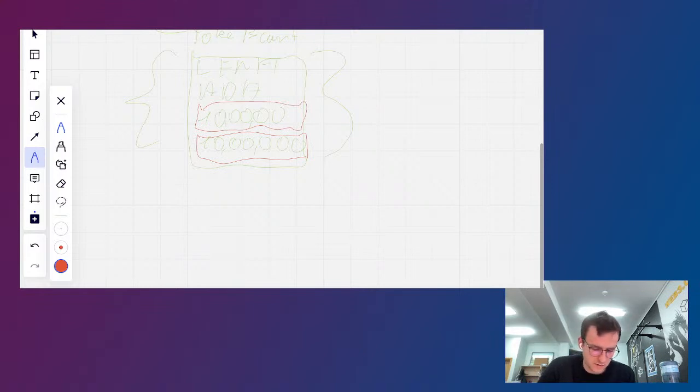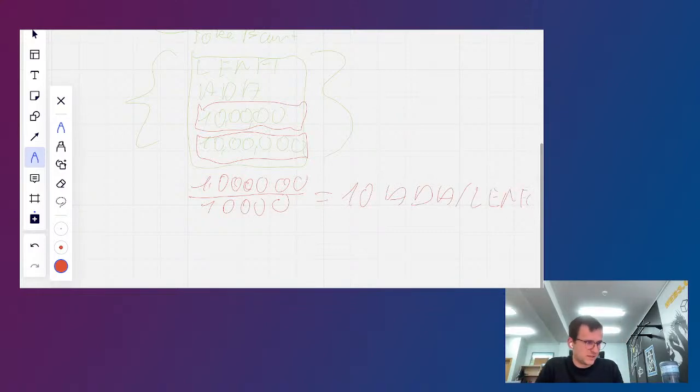Based on that, let's assume the spot price of the Lenfi token is 1 million divided by 100,000, which is 10 ADA per Lenfi token. That's how you see the price when you go into Taptools, MinSwap, or CoinMarketCap or anything. That's how you define the price of the token.